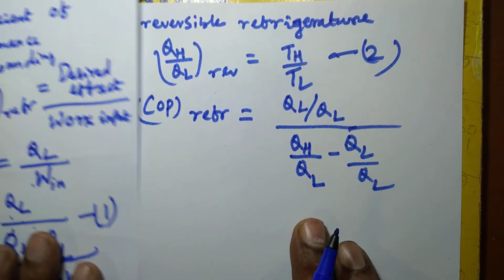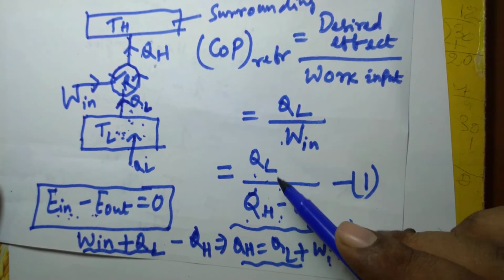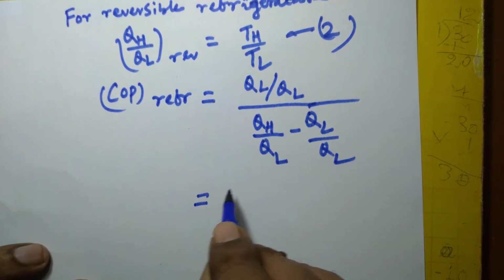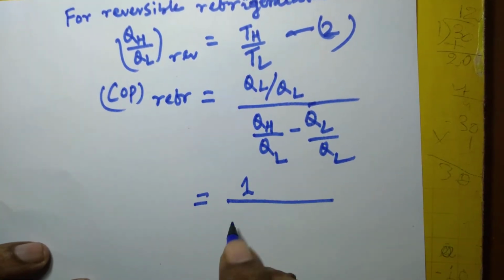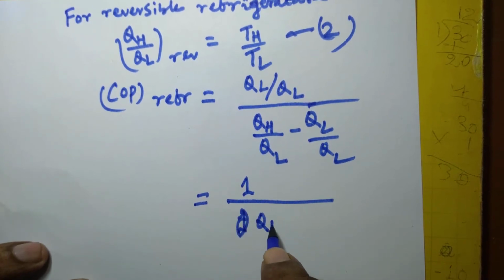I just divided both numerator and denominator of this equation by QL. So now it becomes 1 by QH by QL minus 1.